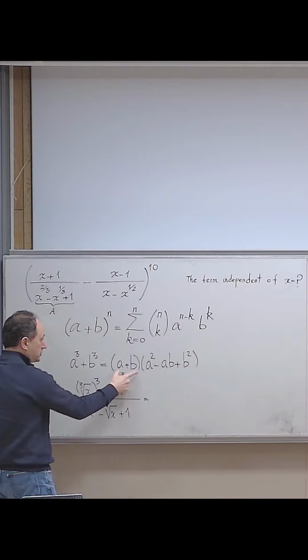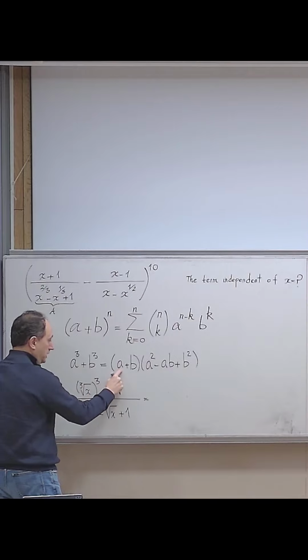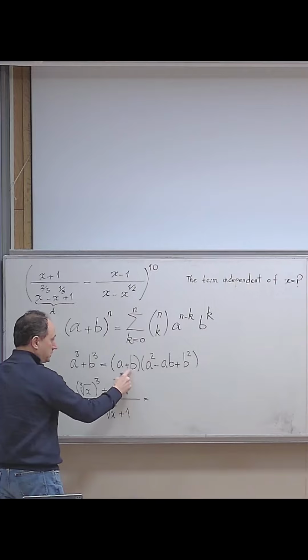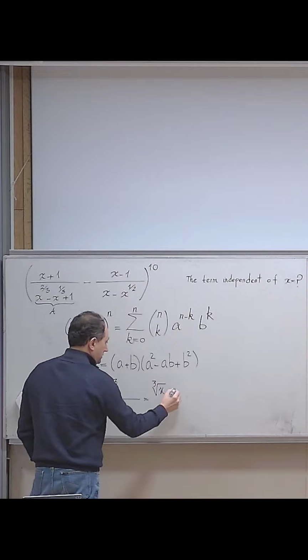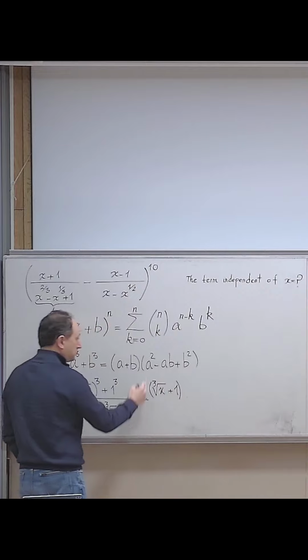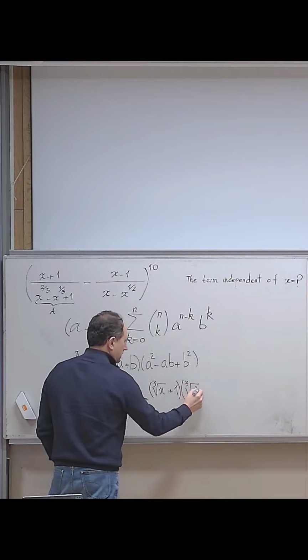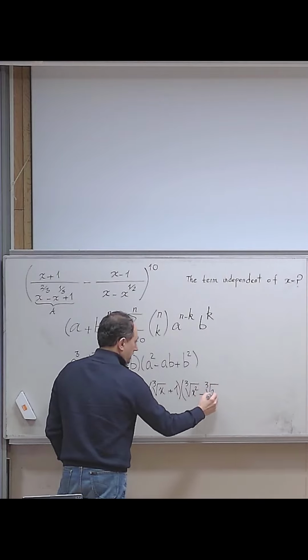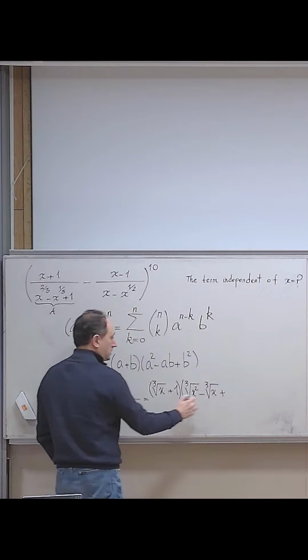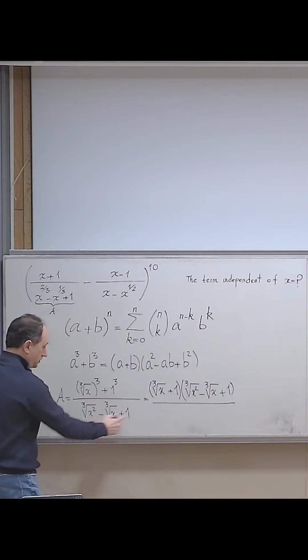Now I want to use this formula for this one by giving the role of the third root of x to a and the role of 1 to b. So this becomes a, in this case the third root of x, plus b, 1, multiplied by a squared, which is the third root of x squared, minus the product of these two, the third root of x, and finally the second one squared, divided by the denominator here.